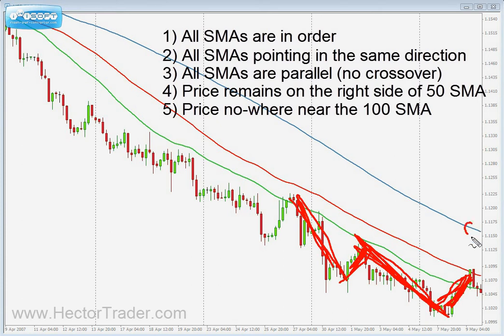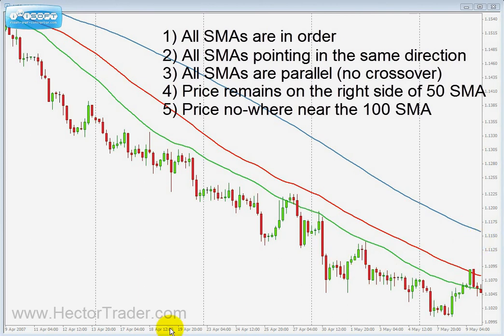If we were to reach the 100, as you can see, the pullback would have been way too deep. The pullback would take quite a deep bite into the trend, and that usually is an early indication that the trend is actually weakening.